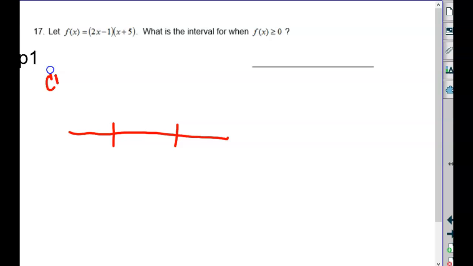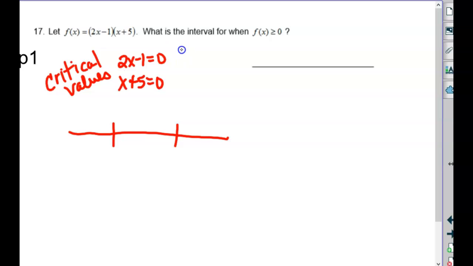So the critical values are 2x minus 1 equals 0 and x plus 5 equals 0. So I have positive 1/2 and -5. To the left would go the -5 and to the right would go the positive 1/2, right?